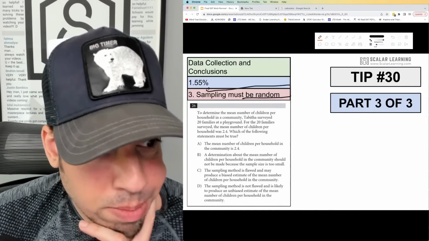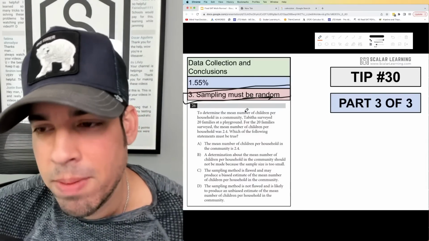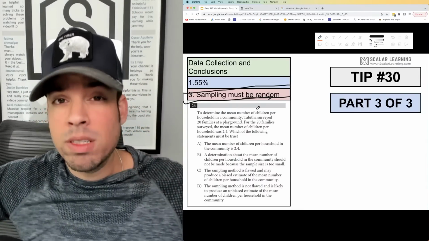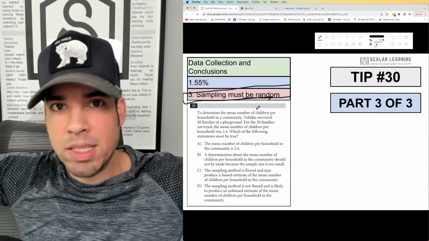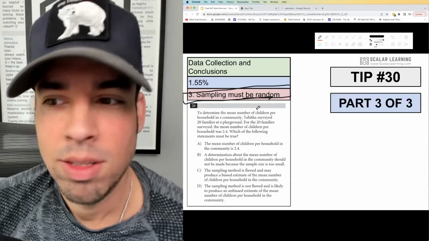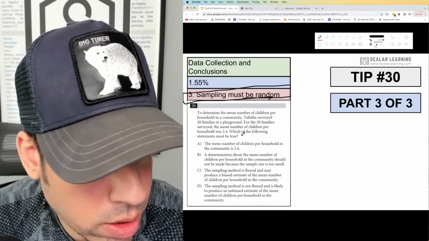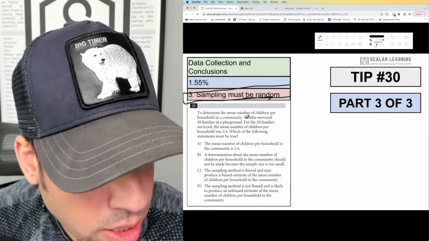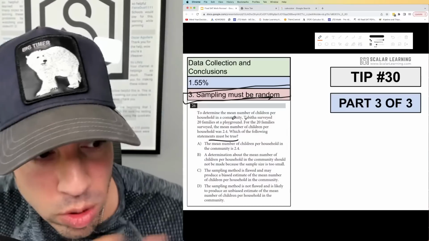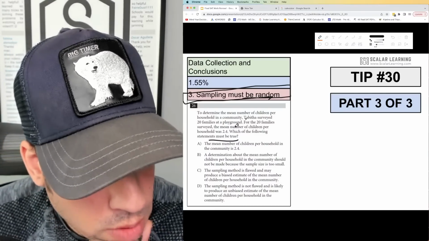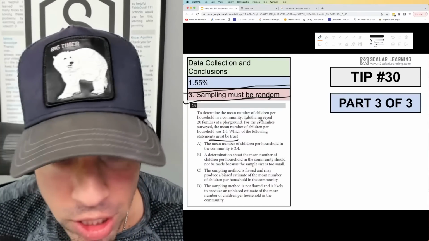Sampling must be random for this tip. That is, if the sample is not random, the whole thing is messed up, okay? That's the most important thing when you're sampling. So when they do this whole thing, and they're saying, hey, which of the following statements must be true? You know, what's a problem here? Well, she didn't take a random sample.